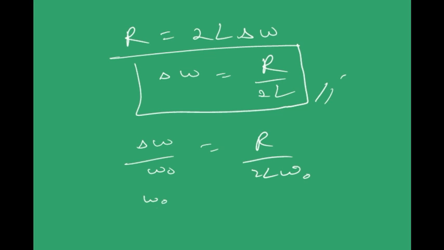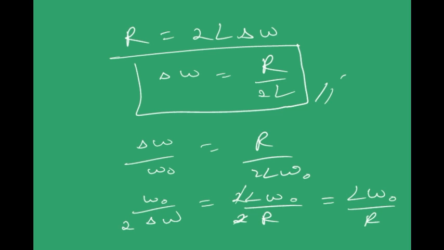So omega naught by delta omega, the reciprocal of this, will be 2L omega naught by R. Here I have 2 and here also I have 2, I mean I'm dividing the equation by 2. So I'll finally get this as L omega naught by R. You know that this is the quality factor, right? So finally, we got the quality factor, or the sharpness of resonance, as L omega naught by R.